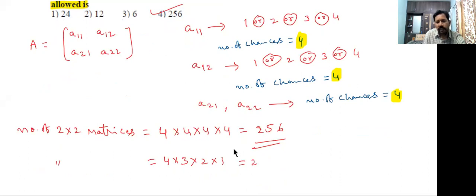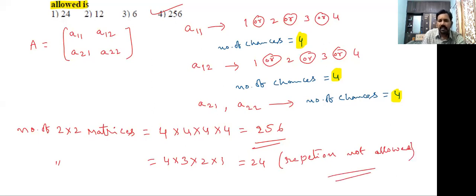This is 24. Remember it, both the cases. I think all of you understood now. So repetition allowed means we get answer 256, and repetition not allowed means we get only 24.